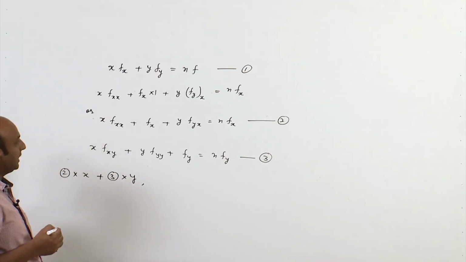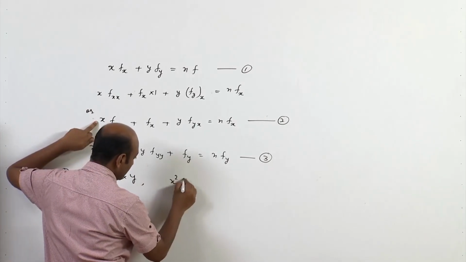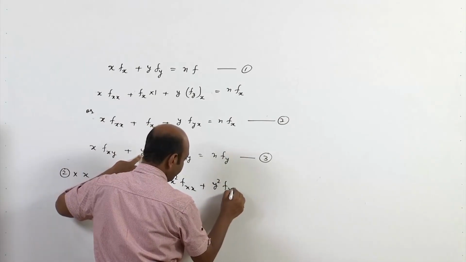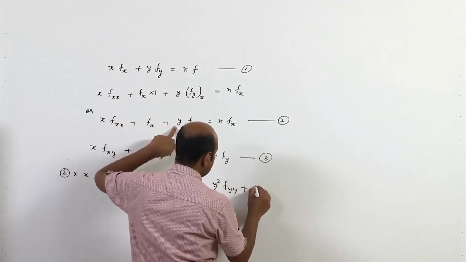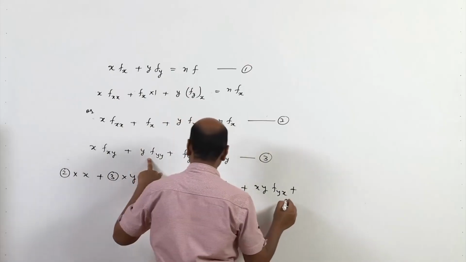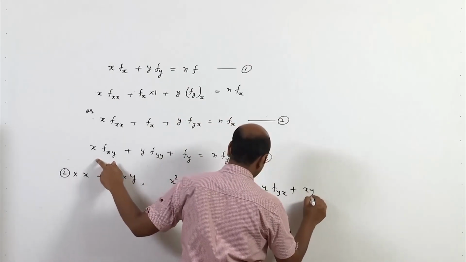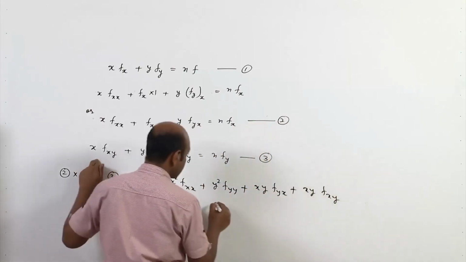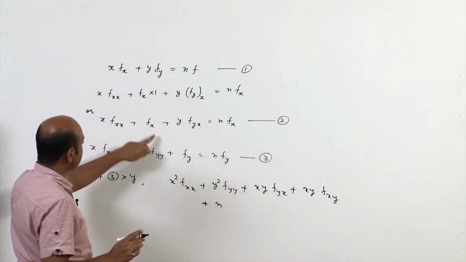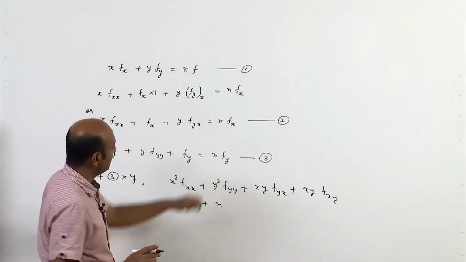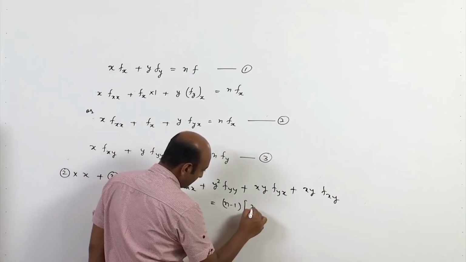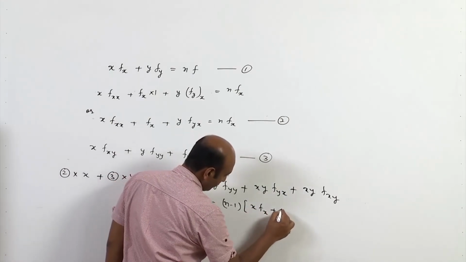What you will obtain is x square f x x plus y square f y y plus x y times f y x plus x y times f x y, plus x f x plus y f y, which we can put on the right hand side. So, it is equal to n minus 1 times x f x plus y f y.